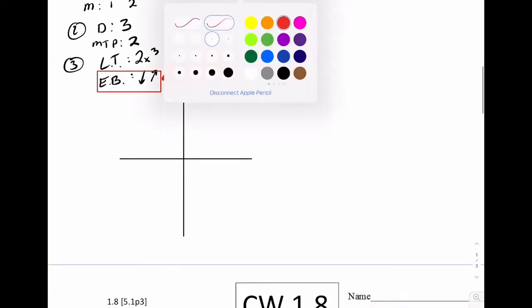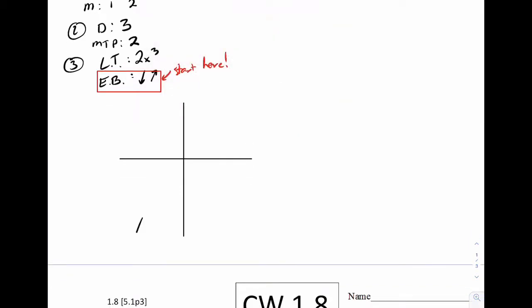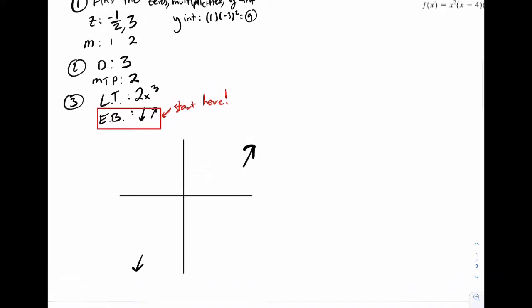Meaning when I graph it, I'm just going to put my arrows down like this. Meaning I know that's what happens at the ends. Now from there, you're going to use your zeros and your y-intercept. So I'll just mark negative 1/2. Doesn't have to be perfectly to scale, let's just estimate. Let's say negative 1/2 is there, let's say 3 is here. And then let's say 9 is up here somewhere.